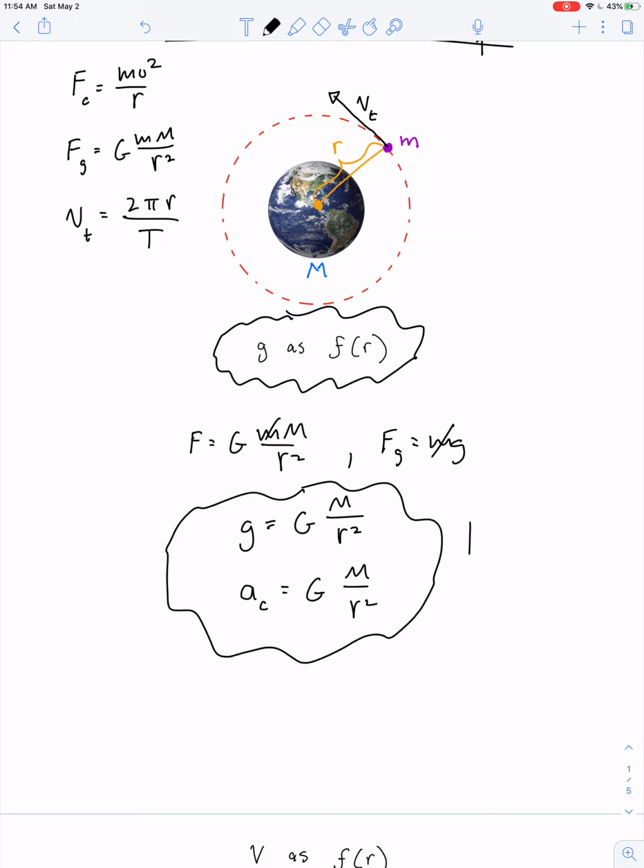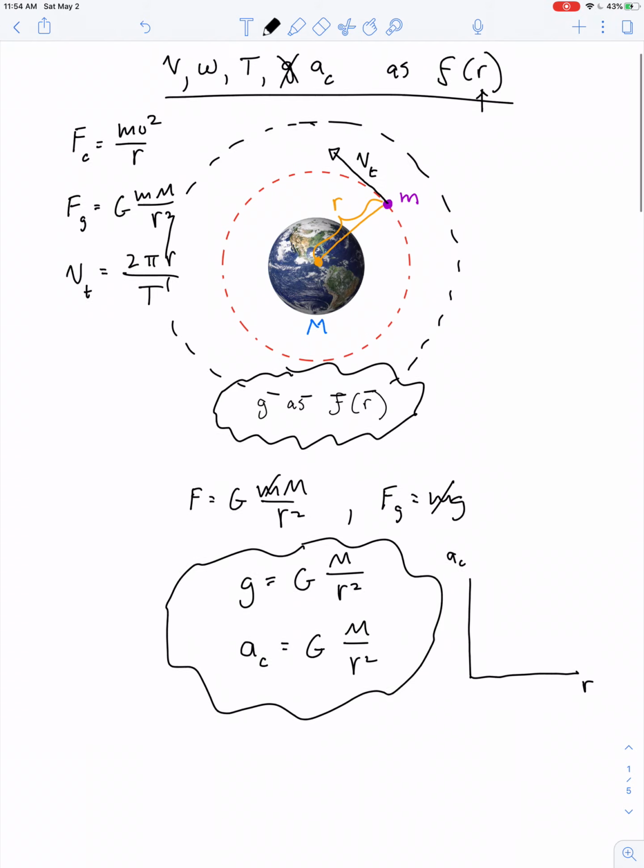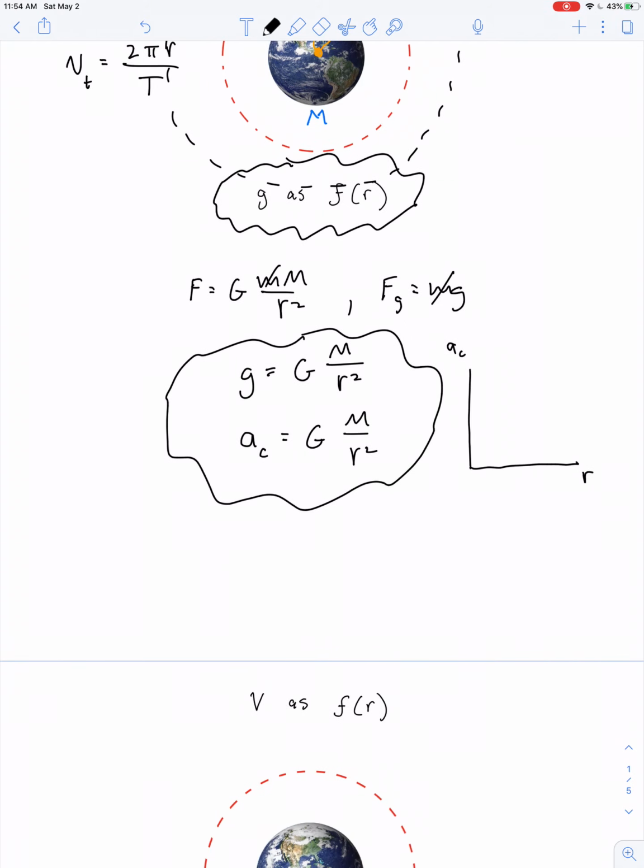If you were to graph it, what's the centripetal acceleration of a satellite versus distance? In other words, if we take the satellite and move it to a higher orbit, would its acceleration be more or less? Well, certainly less. Acceleration is inversely proportional to r squared. The minimum orbital distance is that of a treetop orbit, where the orbital radius and the planetary radius are one and the same.